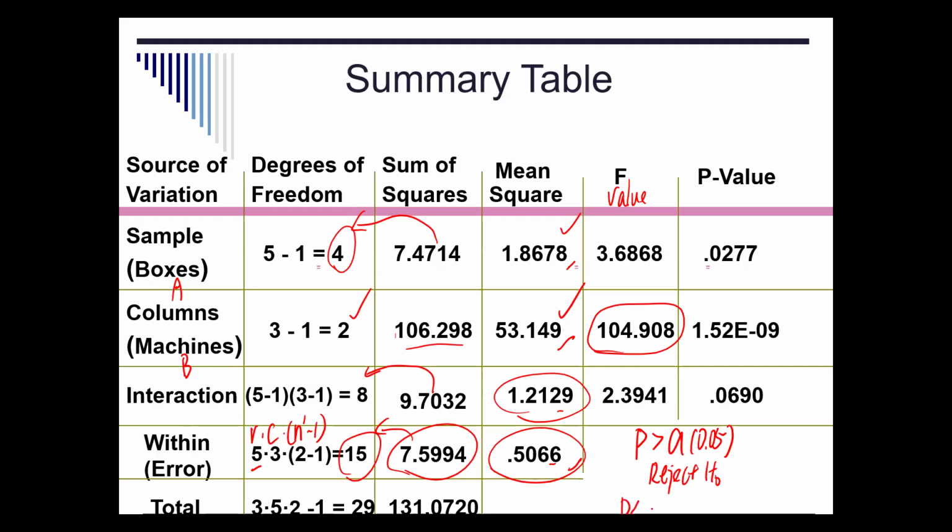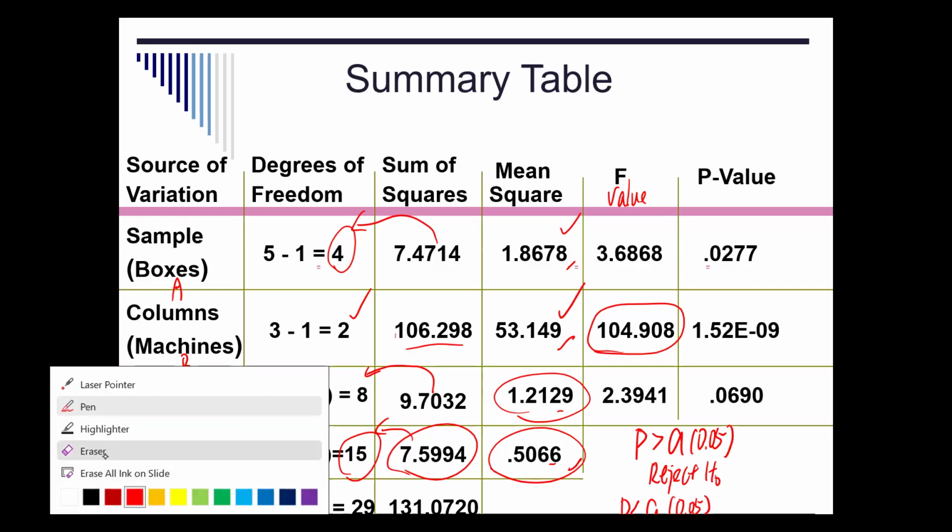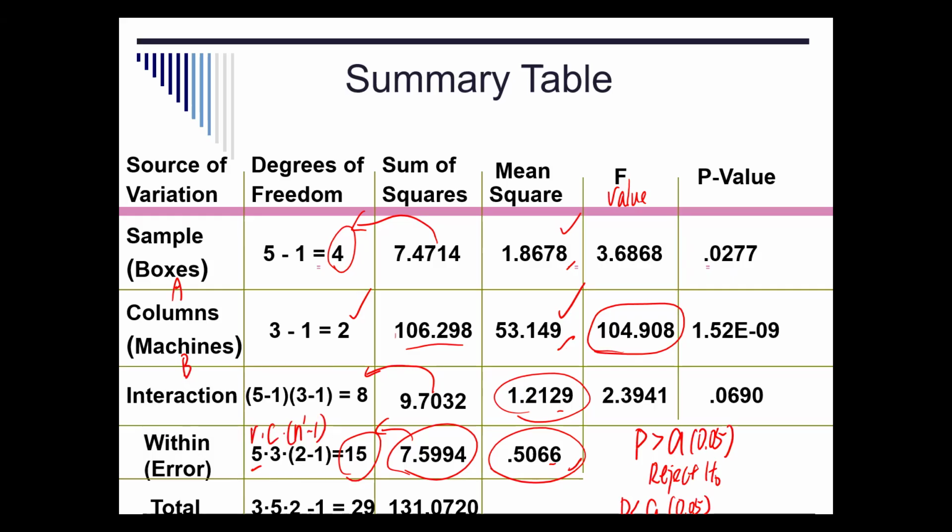If the P value is less than alpha, which is 0.05, reject H0. So P value greater than alpha is fail to reject, and P value less than alpha, reject. And so based on the P value, so this is reject, reject, fail to reject.